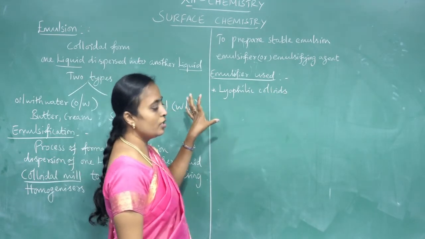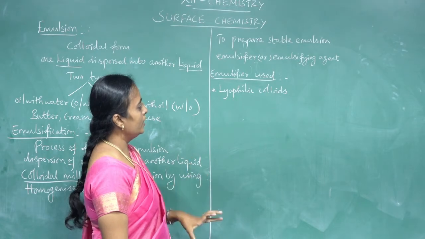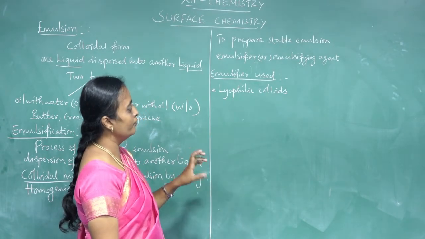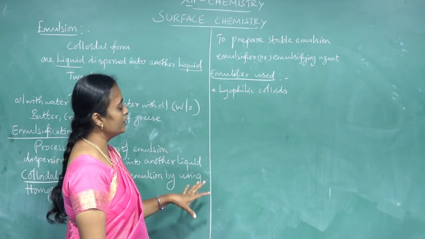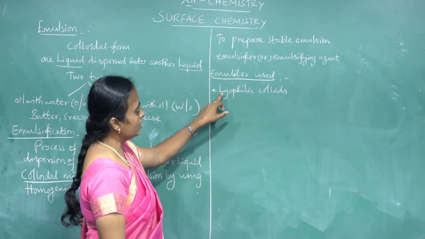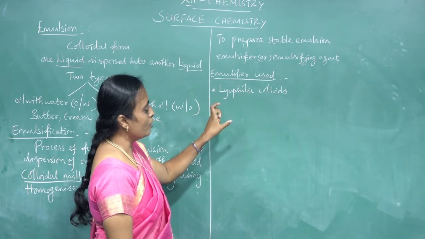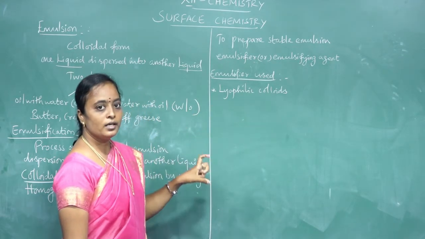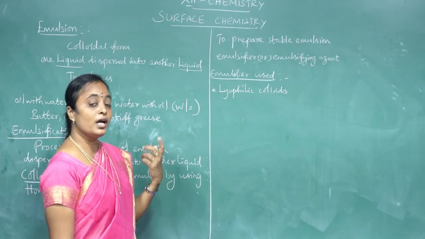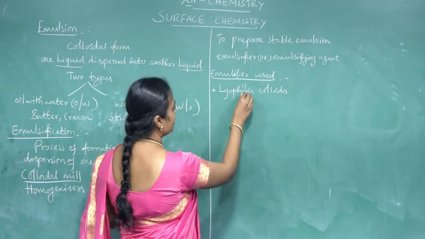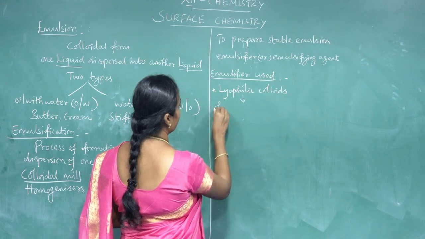Now what are lyophilic colloids? Generally the emulsion is made up of two phases. One is a dispersed phase and another one is a dispersion medium. So what does lyophilic mean? The force of attraction between the dispersed phase and dispersion medium will be higher. That is what lyophilic colloids means.